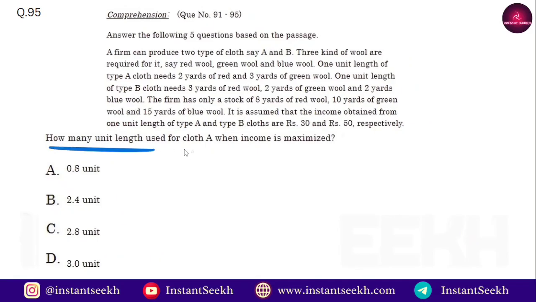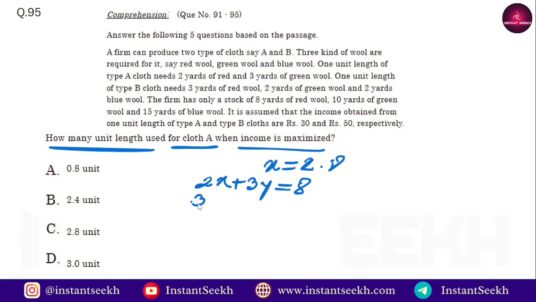How many unit lengths are used for cloth A when income is maximized? Okay, when the income is maximized. So basically it is asking for the value of x. We have formulated x, right, as what? 2.8, right? Even if you don't remember, it's simply 2x plus 3y equal to 8, and 3x plus 2y equal to 10.